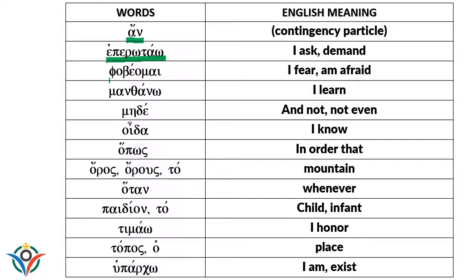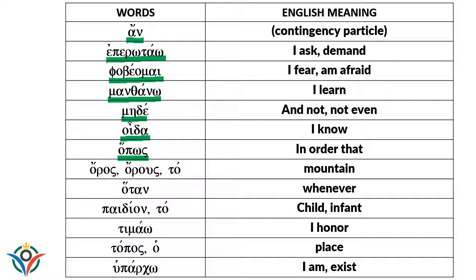Next we have phobeomai, I fear, I'm afraid. Then manthano, I learn. Then mede, and not even. Next we have oida, which is I know. And then we have hopos. If you remember, this can also be used to indicate purpose, and we translate it as in order that.